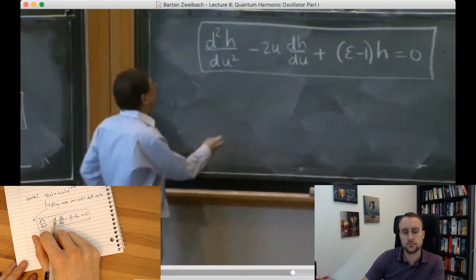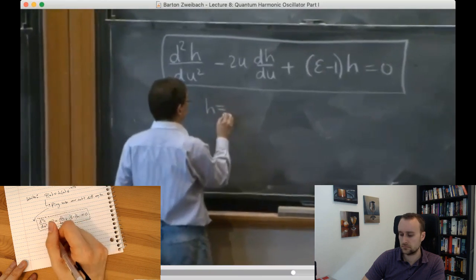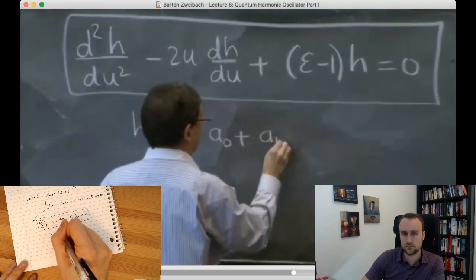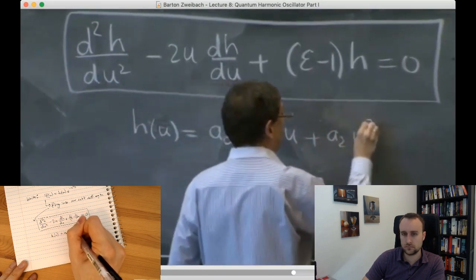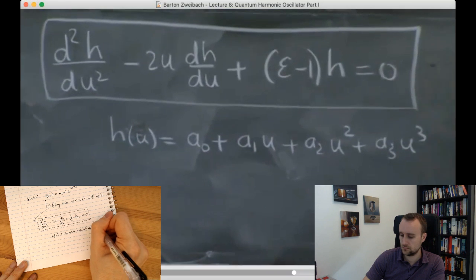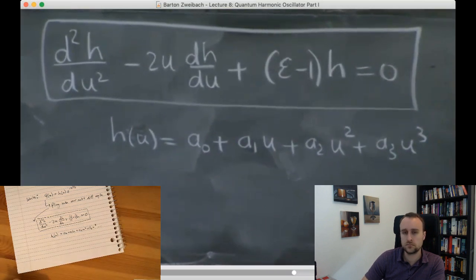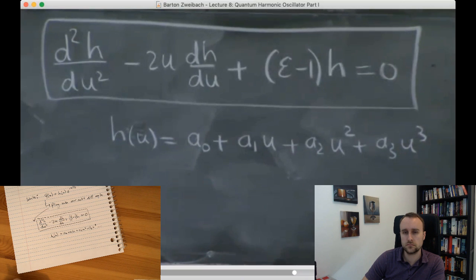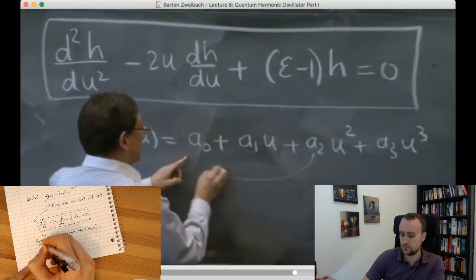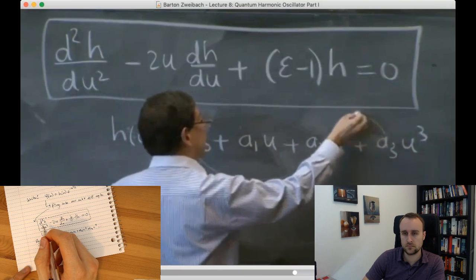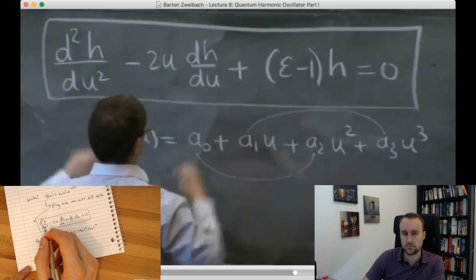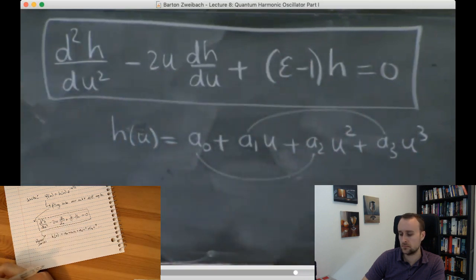I said, I'm going to just write h of u equal to a constant a0 plus a1 u plus a2 u squared plus a3 u cubed, and I plugged it in here. I just did the first few terms and tried to see what happened. And I found, after a little thinking, that a2 is determined by a0, and a3 is determined by a1. Once you substitute, it's not obvious when you look at this, but that happens.